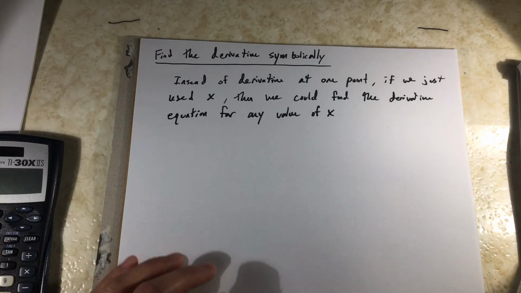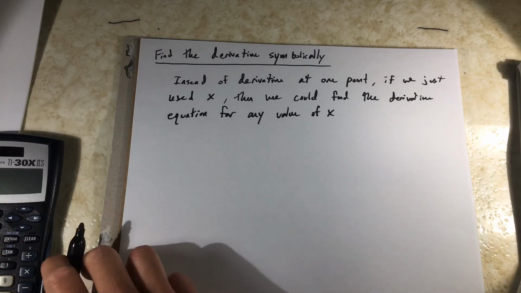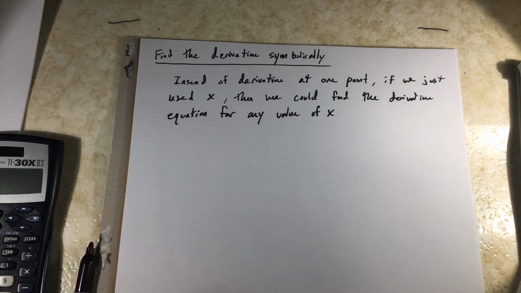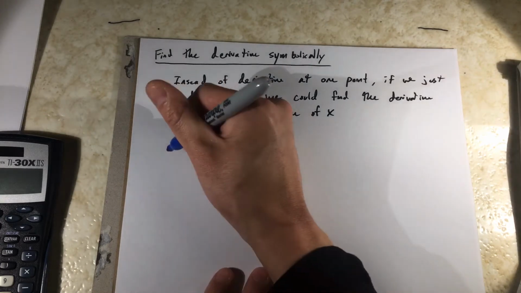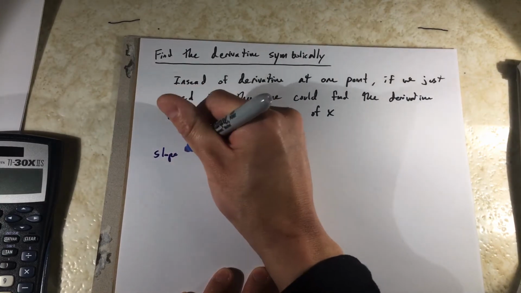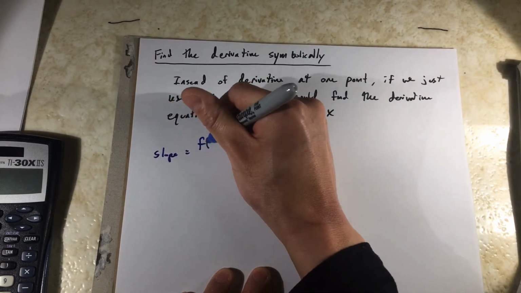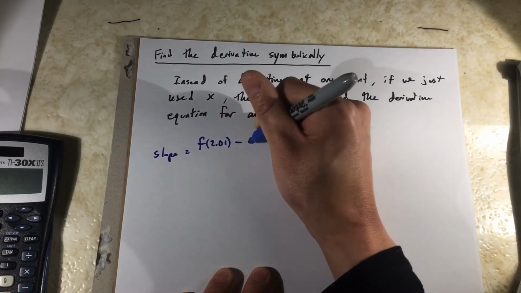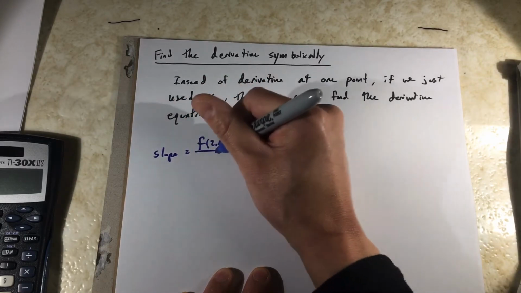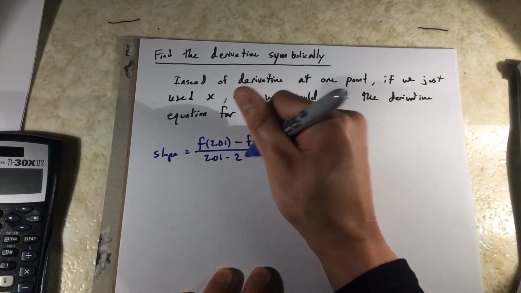And that's kind of what this h equation was from before. So I'm going to write this in here. I'll write this in blue. So for example, like the slope, before we used something like f of 2.01 minus f of 2 over 2.01 minus 2.